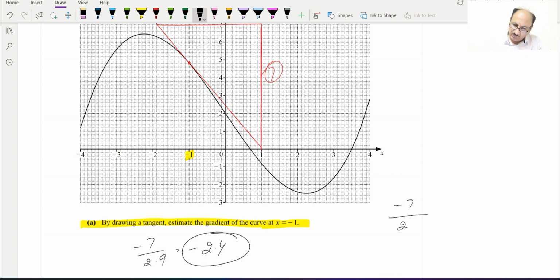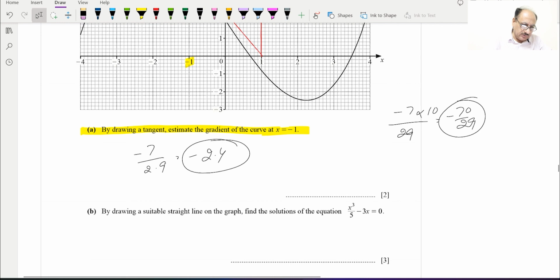You can write this as 29 into 10, so it will be minus 70 over 29, and then you can divide this and check, and you will get the answer minus 2.4. And the B part says, by drawing a suitable straight line on the graph, find the solution of this.